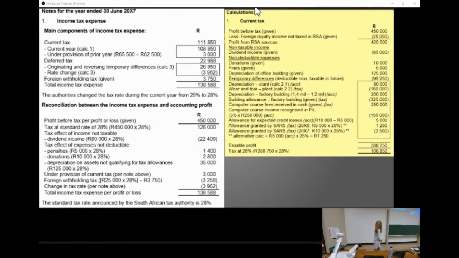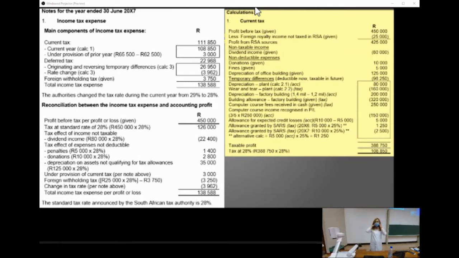Firstly, what I have on the screen at the moment is the current tax calculation, so that's the yellow page. That's just a calculation, that's why it's yellow. And then the white page is my actual financial statements.